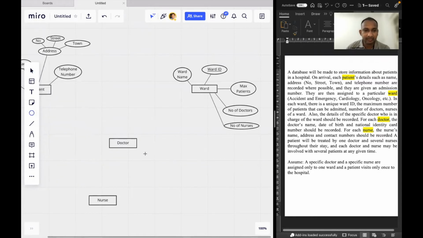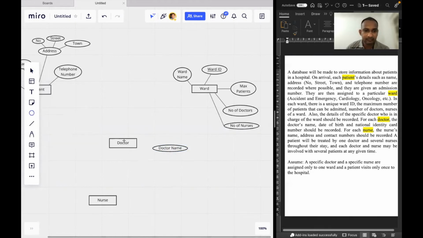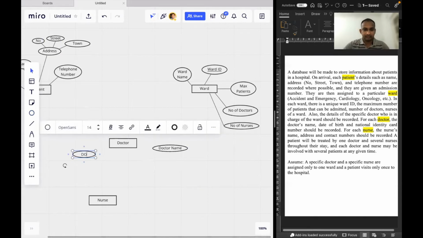So here we can draw doctor name, date of birth, and national identity card number.